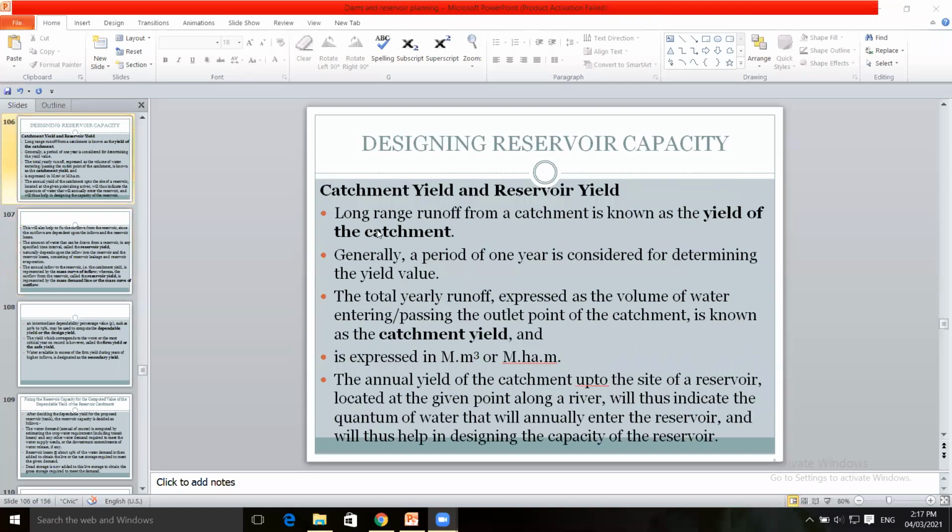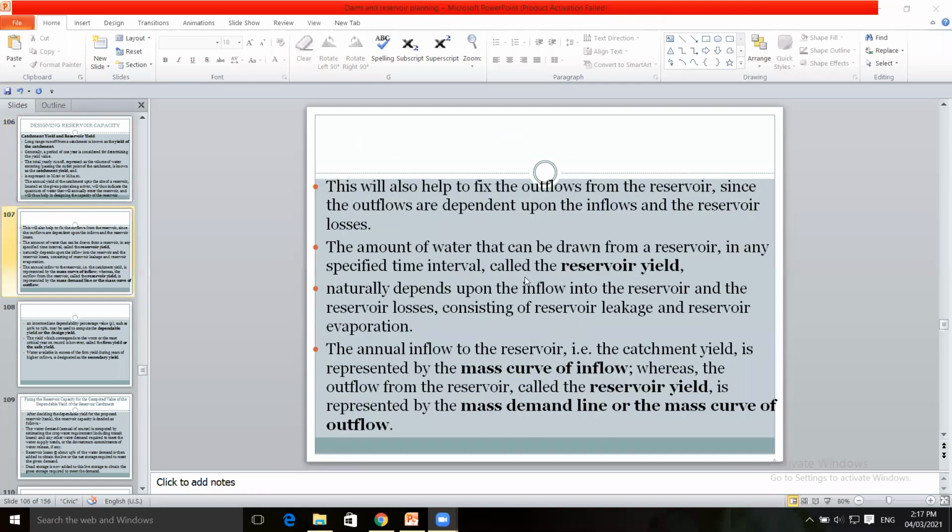Reservoir yield is different, catchment yield is different. Reservoir yield is the amount of water that can be drawn from the reservoir, how much water comes out from there, at a given time interval.